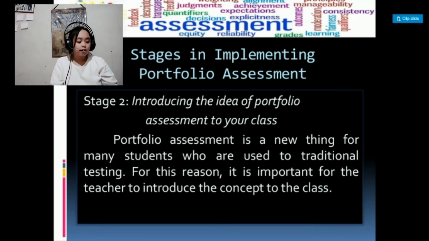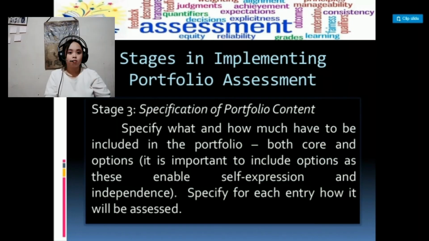And also, if portfolio assessment is a new thing for many students who are used to traditional testing, it is very important for the teacher to introduce the concept to the class so that they will have more knowledge, or it will widen their ideas about what portfolio assessment really is.